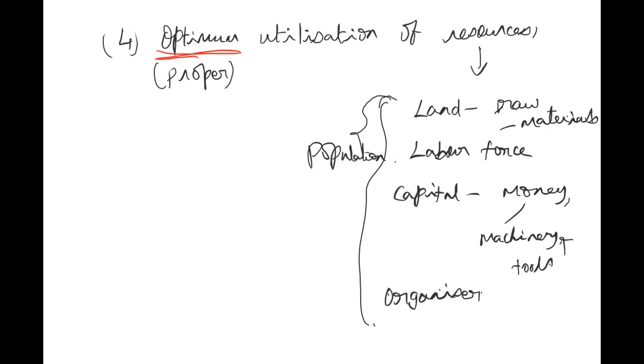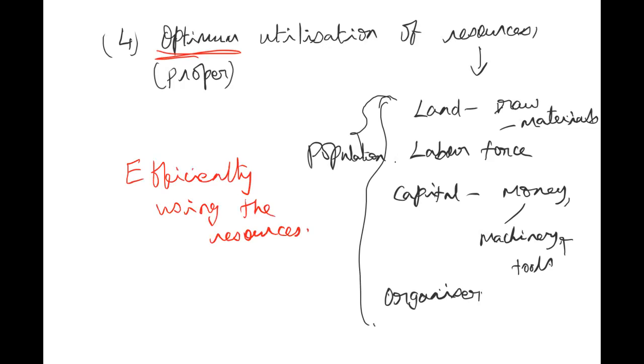So if you are using the resources properly, then we can say that the country is efficiently using the resources. That is one of the main goals of each and every country. If the country is efficiently using the resources to the maximum extent, then you can say that there is full employment of resources in a country.